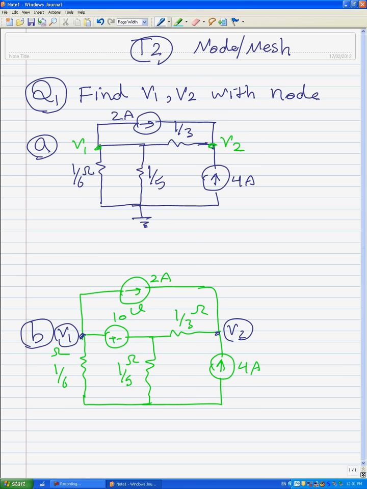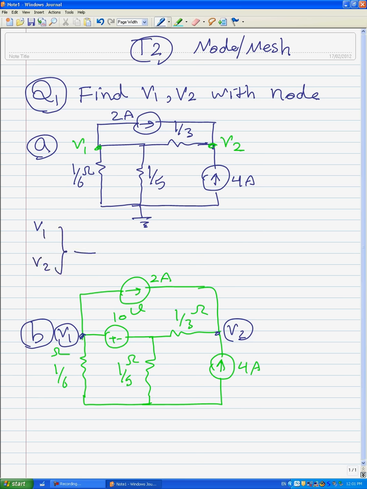Important concept, if we don't have any voltage source in a circuit like part A and we want to solve the circuit by node scheme, we don't need to consider supernode. For part A, we have two unknowns, V1 and V2.